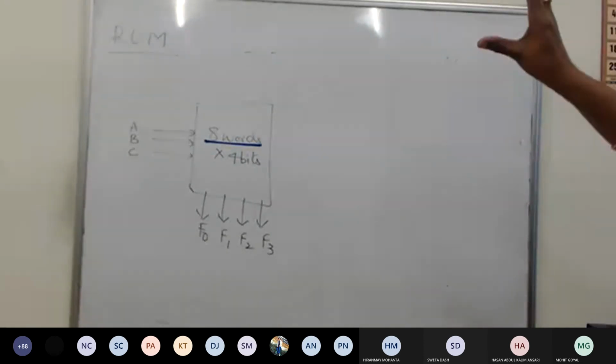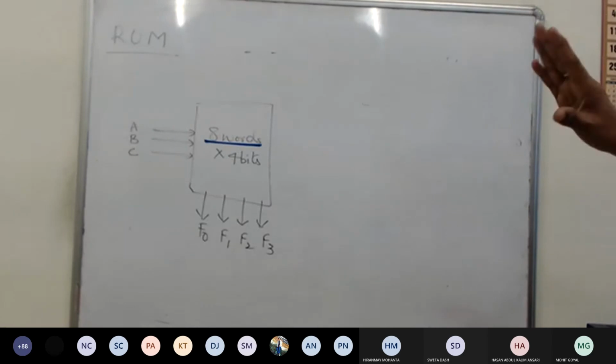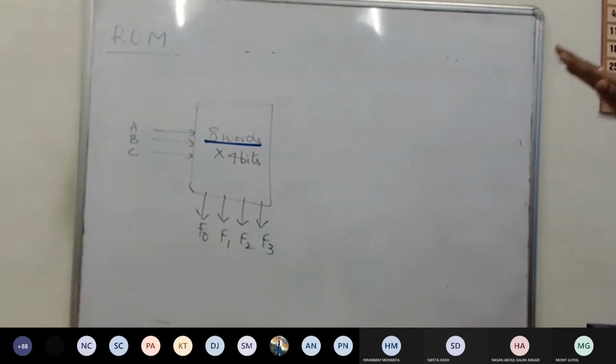As an example, the 3 inputs A, B, C have created 8 different words. That means we have a decoder as part and parcel of it. Does everybody agree? Yes, ma'am.